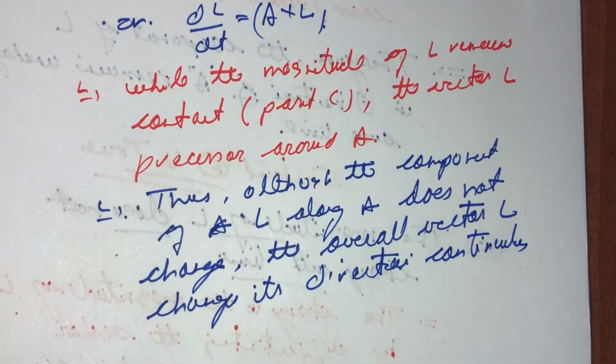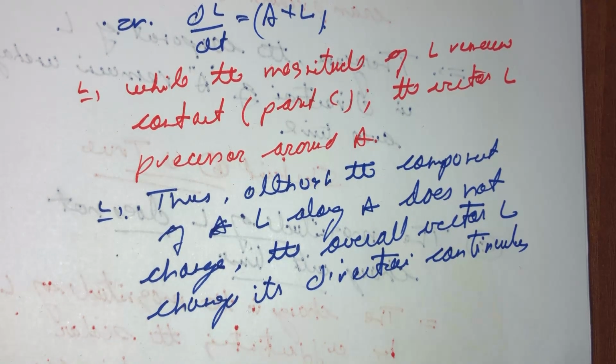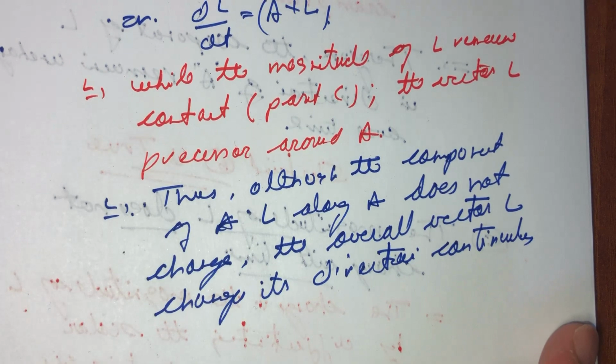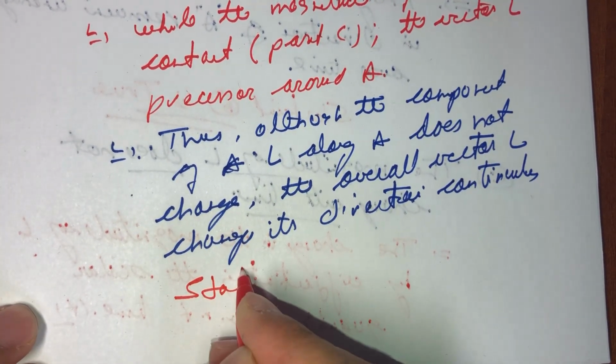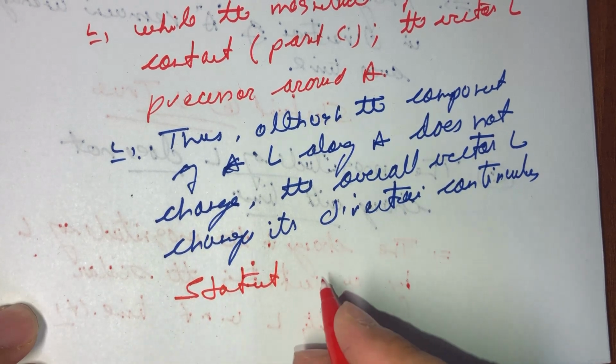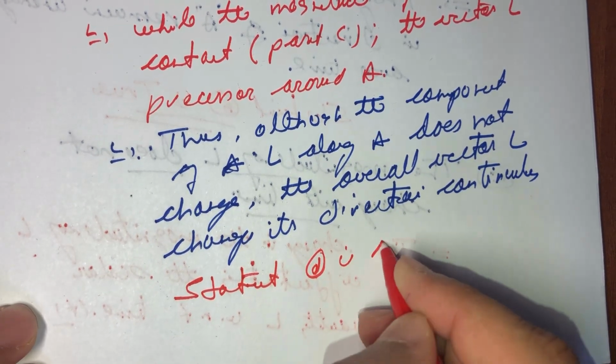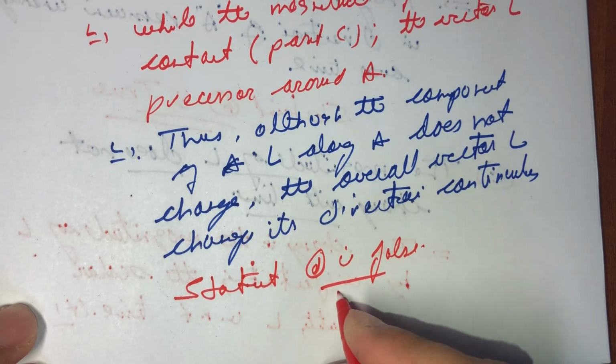So you can say that this statement is false. Statement D is false.